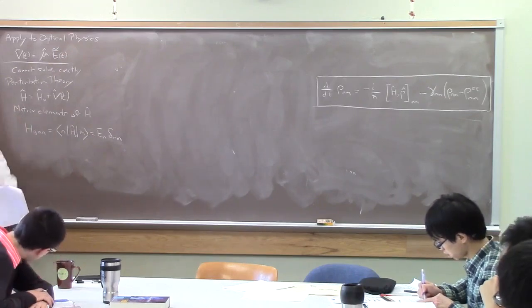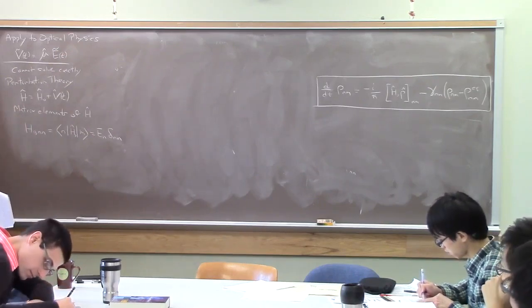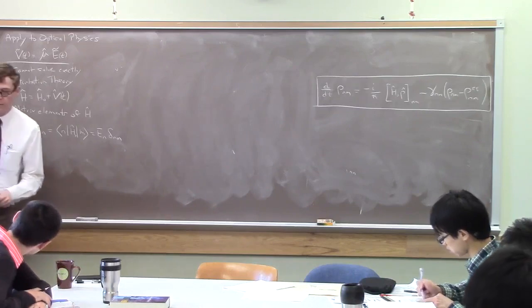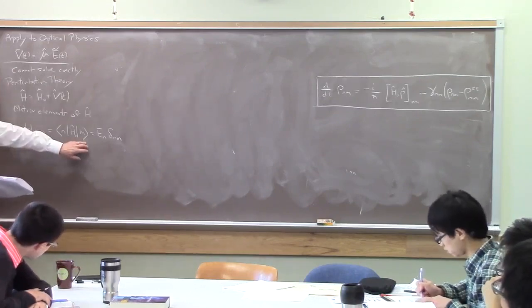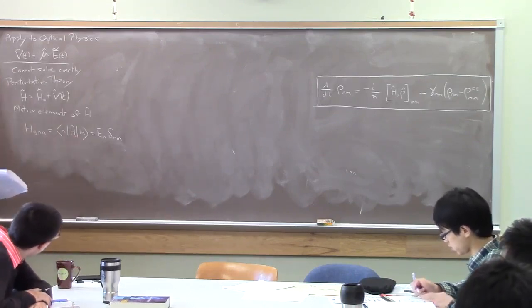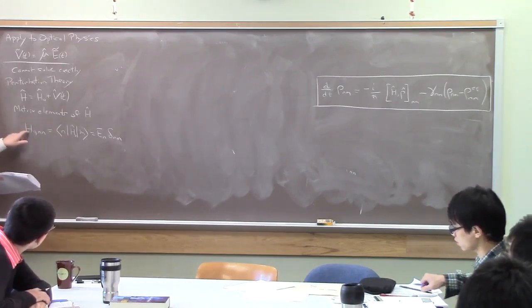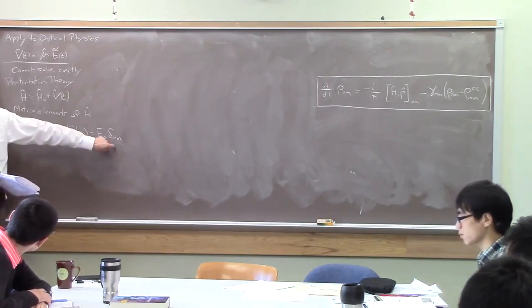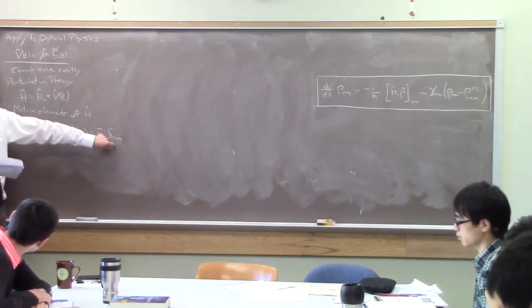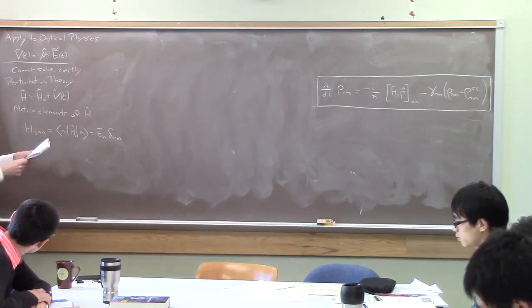We defined our basis set to be the eigenstates of the Hamiltonian. So then, of course, the Hamiltonian, when represented in terms of its own eigenstates, will be a diagonal matrix.